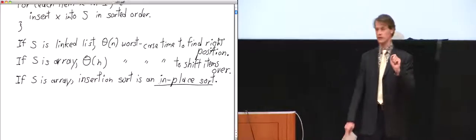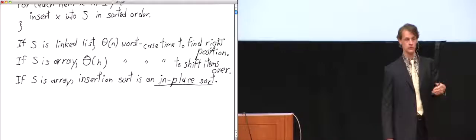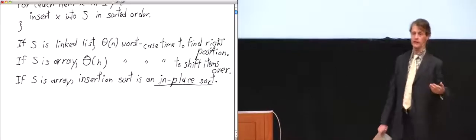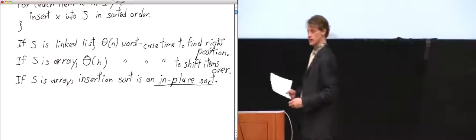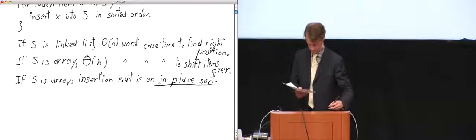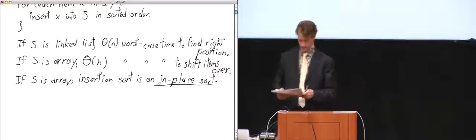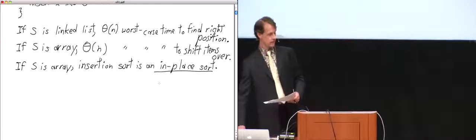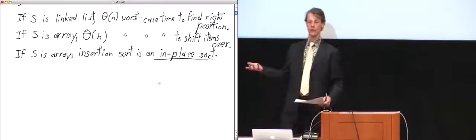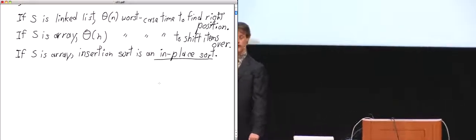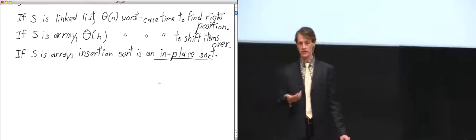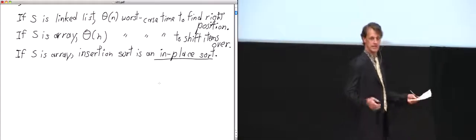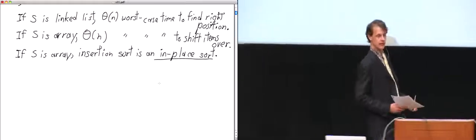You need a small amount of additional working space, like a few local variables, but you take very little extra memory to do the sort because you're sorting right within the array. So you're using, although the array itself takes up a linear amount of memory, the amount of extra memory that you have to use to do the sort is only a constant, or maybe in some algorithms that we'll see, log n in the worst case.